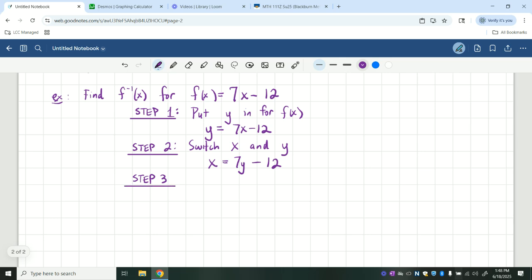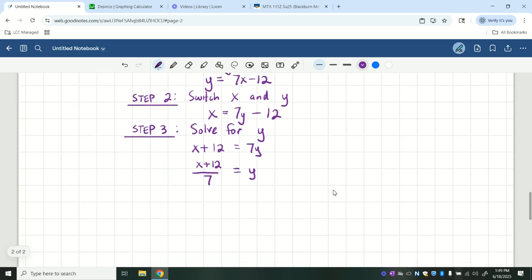Step three, you're going to solve for y. So to solve for y, gotta get y by itself. First thing you're going to do is add 12 to both sides. So we get x plus 12 equals 7y. And then I'm going to divide both sides by 7. So y equals x plus 12 over 7. That turns out to be the inverse function.